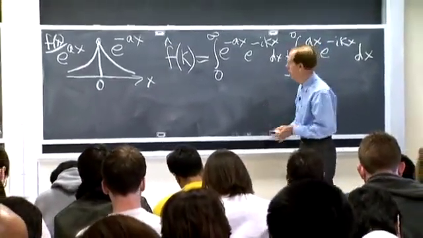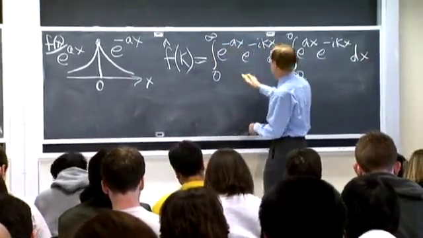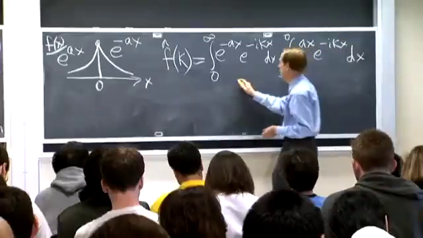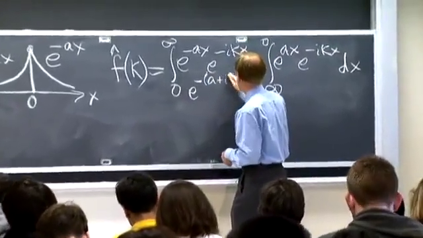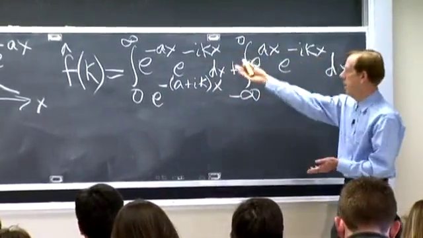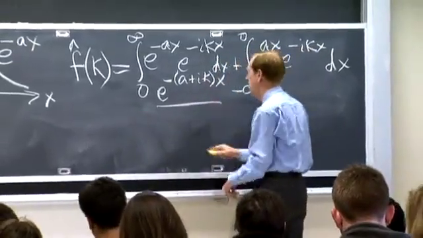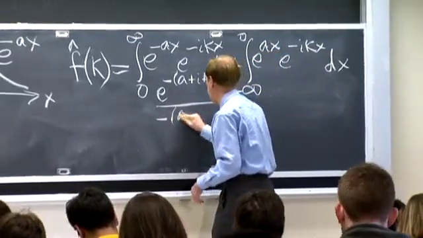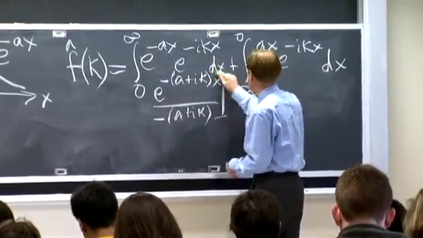I'll just remind you what we did. We wrote that as e to the minus a plus ik times x. When we integrated, we got that same function divided by minus a plus ik. And then we put in the limits.